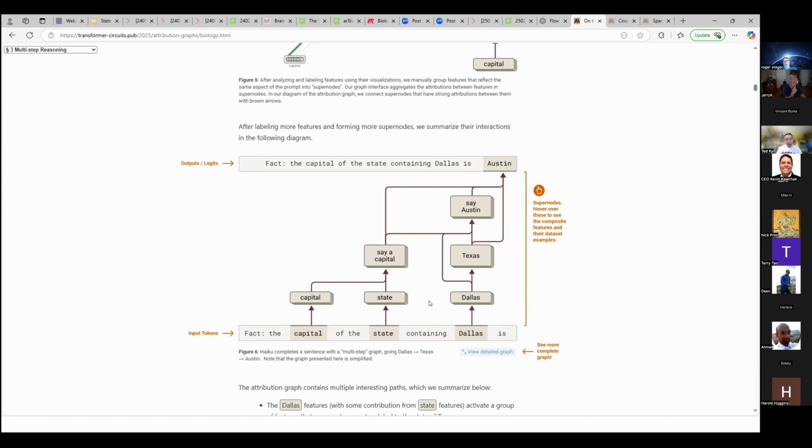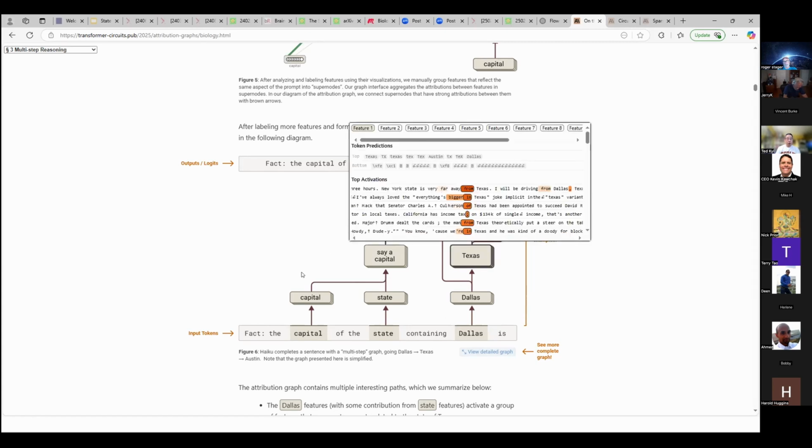So I'm going to do it in that order for each of these examples, however many we get through today. Okay. So we have fact, the capital of the state containing Dallas is, and they found that fact, the, of, the, containing, that these words, of course, play a role, but that they did not have any of the largest activations, any of the most significant roles in next token prediction.